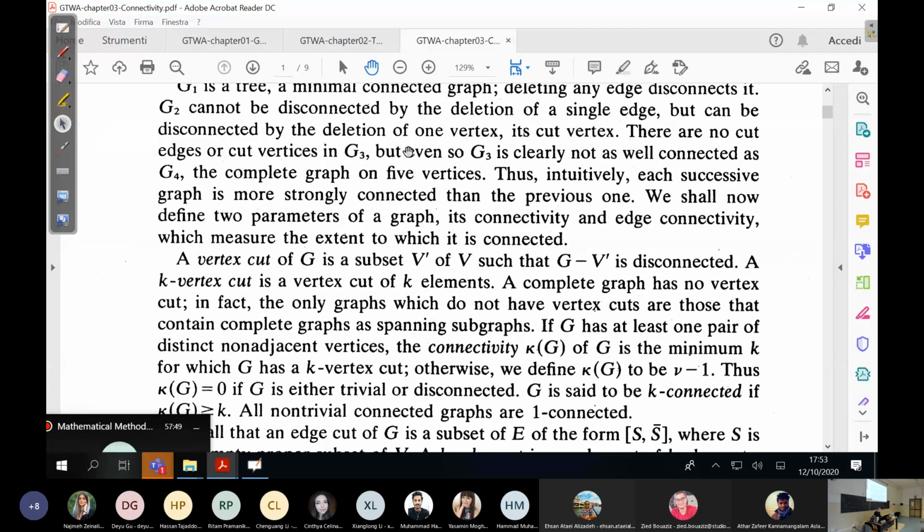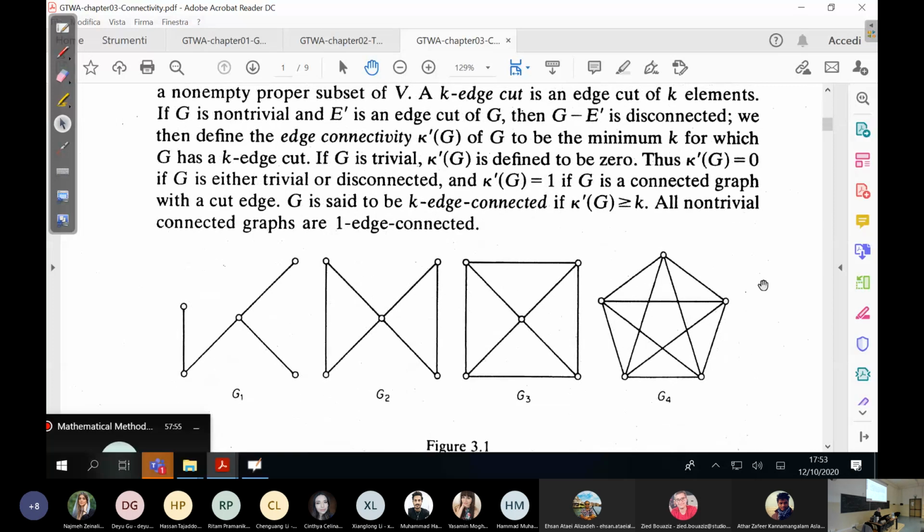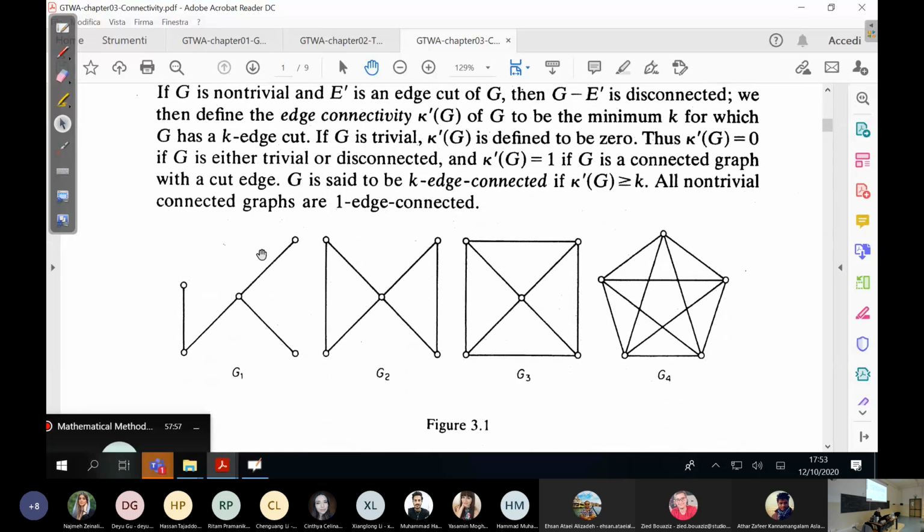Now we can also introduce others, but very smartly the authors show you these four graphs, okay, which are one inside the other, and you obviously have a qualitative, intuitive idea of greater and greater connection, from here to here. Here, of course, it's the maximally connected graph with these five vertices, and this is one of the spanning trees.